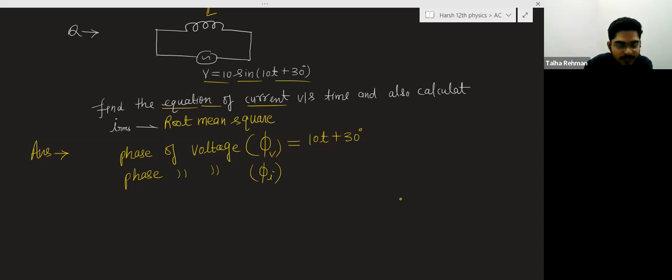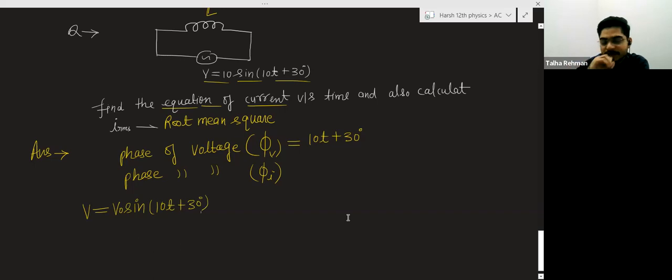So the equation of the voltage is given: V is equal to V naught sine of (10t plus 30 degree). Now what you have to do is compare this equation with the voltage equation V is equal to V naught sine (omega t plus some phase phi).